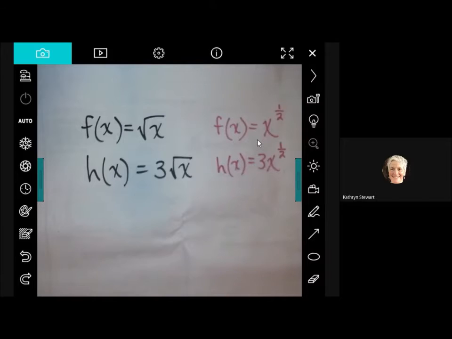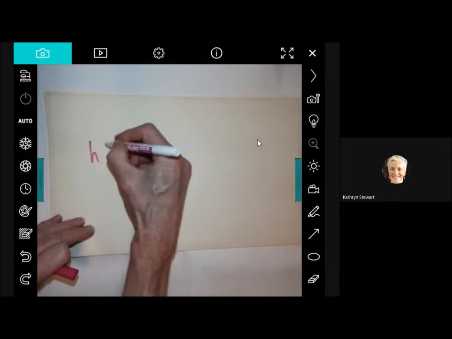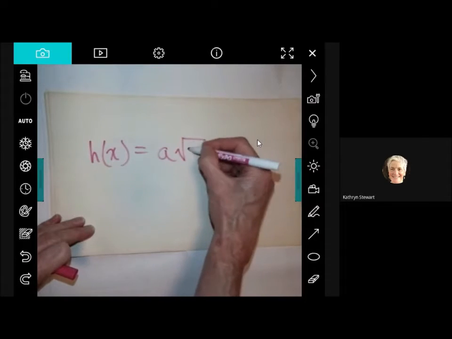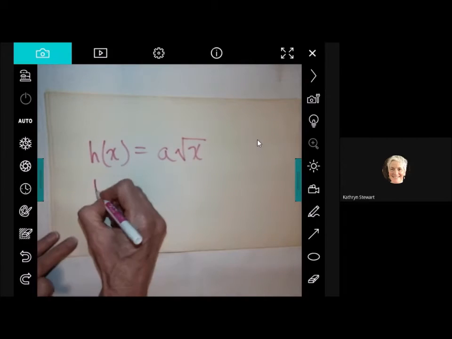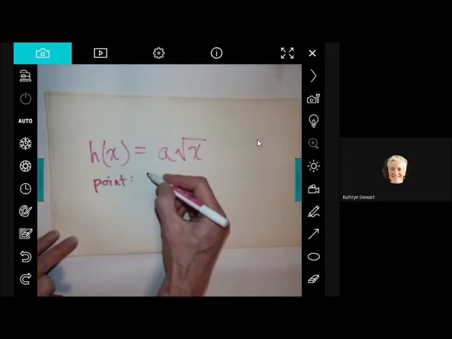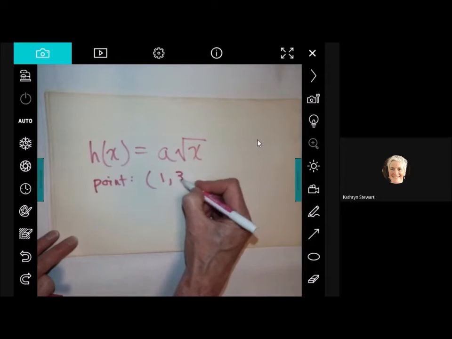But the other way we could have done it is we could have said, all right, I know h of x is some number times the square root of x, right? I know it's dilated by something. So you can actually plug in an actual point on h of x. I think we noted that when x was 1 on this new function, my y was 3.